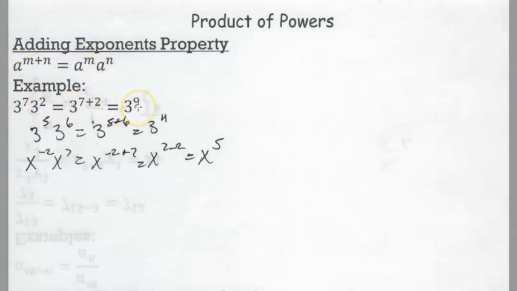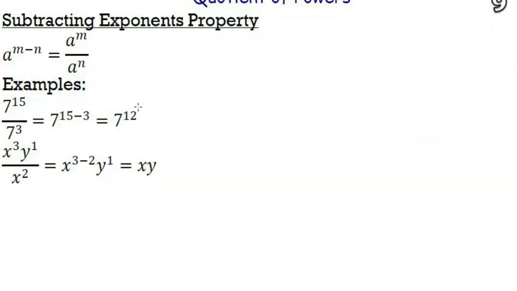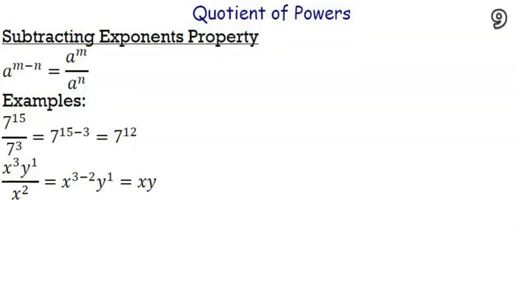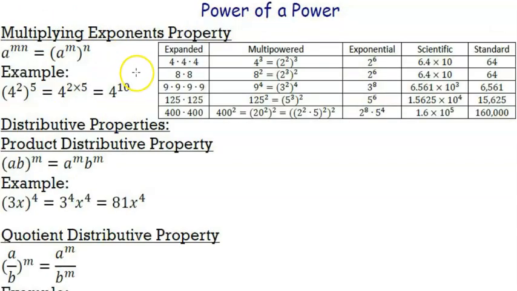That's 3 to the 9th. Here's quotient of powers, some examples of that. Power of a power. And also let's review the different types of forms. We have expanded form, multi-powered form, exponential form, scientific notation, and standard notation.